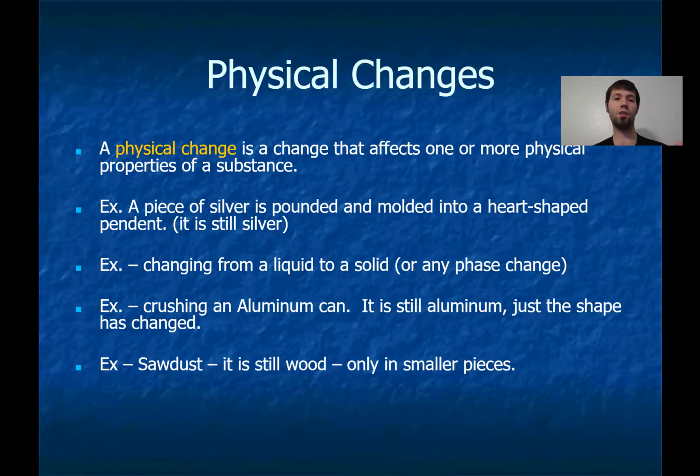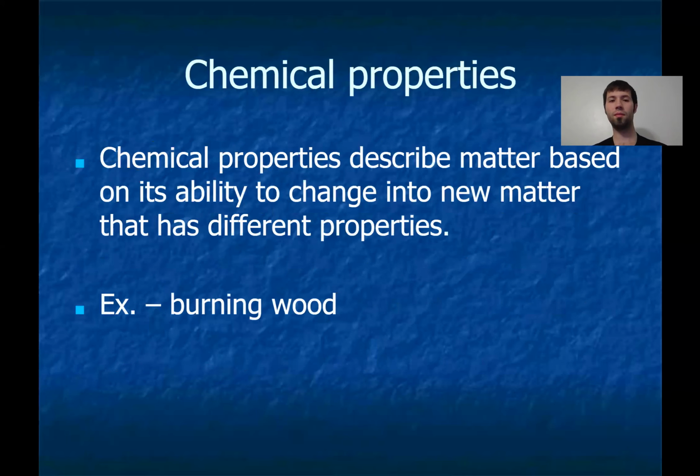On today's agenda, you'll see a chart that I attached that tells you about the main phases of matter. That's a physical change. Crushing an aluminum can, again, I'm not changing what the aluminum is, I'm just changing the shape or the size. Sawdust, grinding wood down into dust, is still wood, so it's just a physical change.